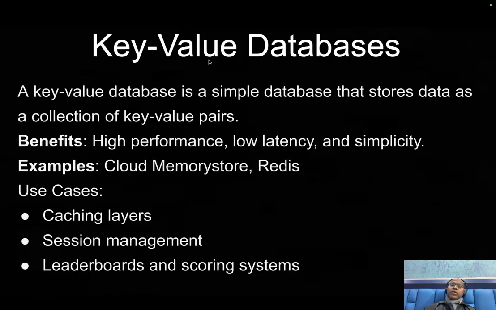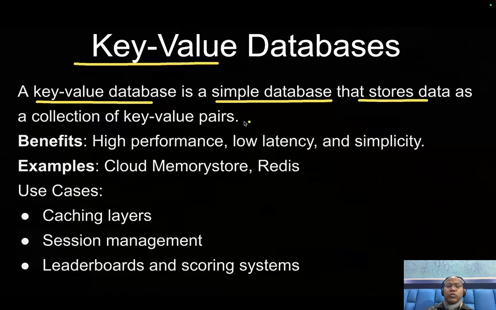And sometimes you want very fast, quick, constant time retrieval of data, generally known as a key value database. We know the key, and we want to get the value. The key value database is a very simple database that allows storing data as a collection of key value pairs, with very high performance, low latency, and simplicity.